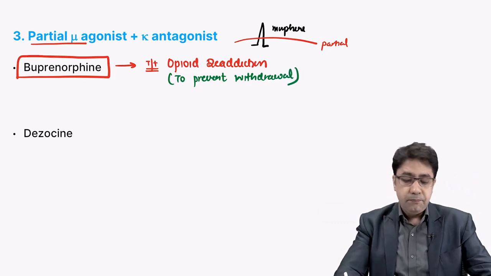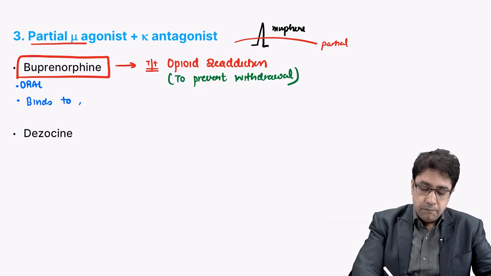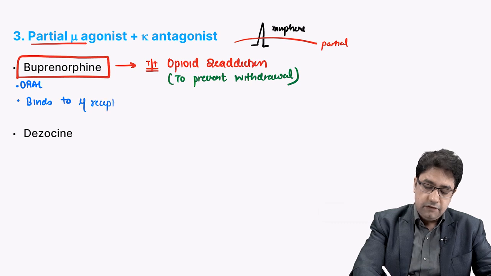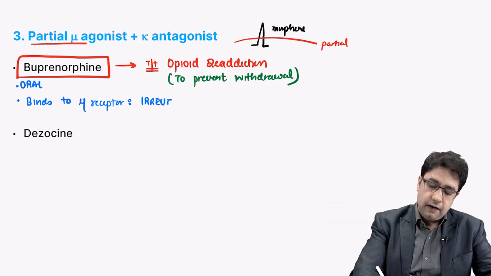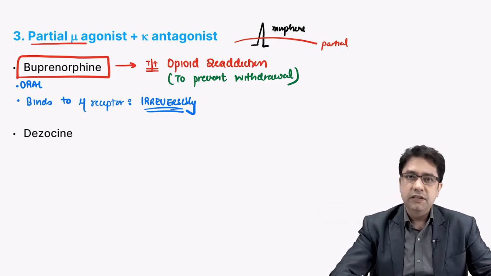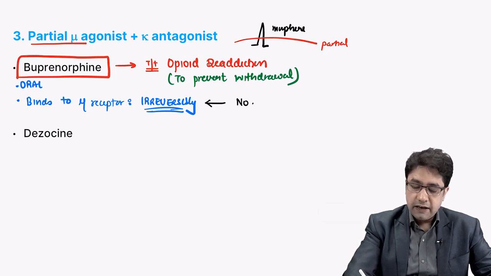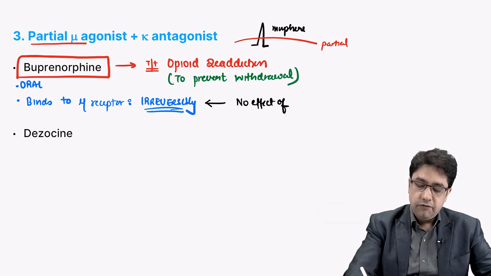Now, this buprenorphine is given orally, and it binds to the mu receptor in which fashion? Reversible or irreversible? Irreversibly. That means it is impossible to remove buprenorphine from its receptor. Because of this reason, there is no effect of naloxone.